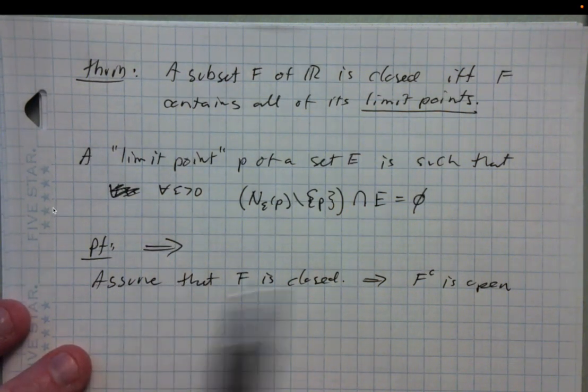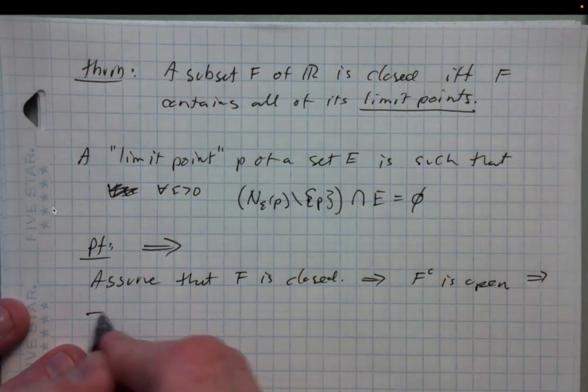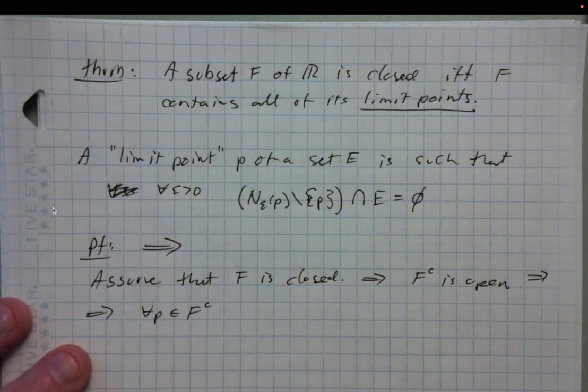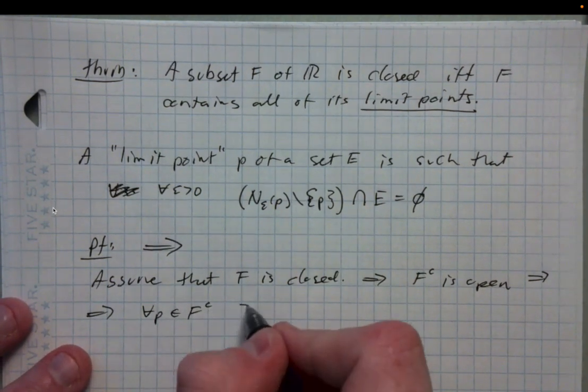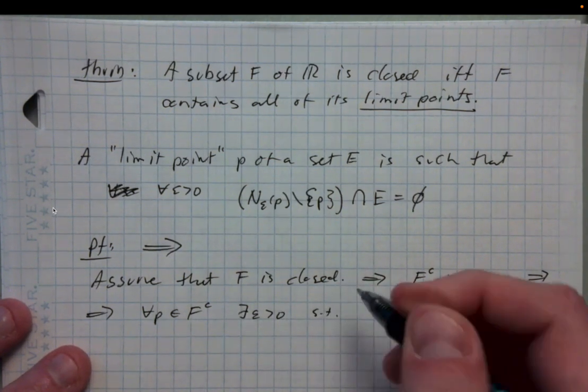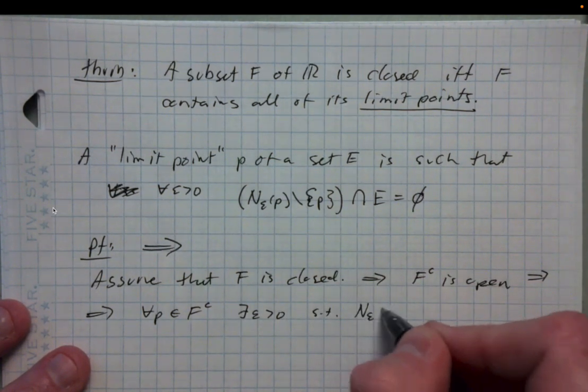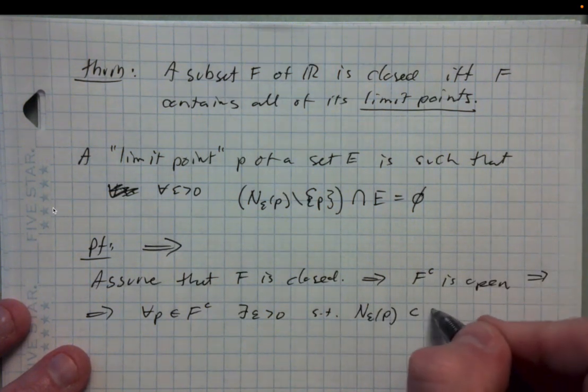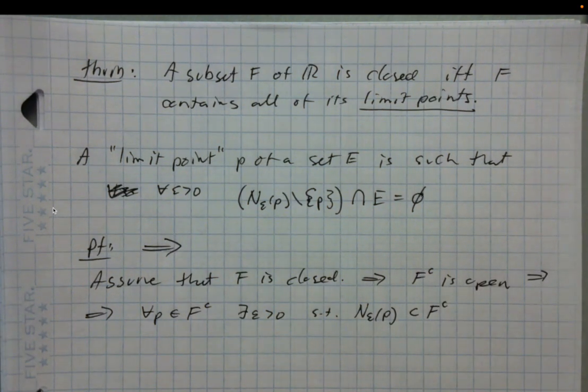Well, for all P in F complement, there exists an epsilon greater than 0 such that the epsilon neighborhood of P is in F complement. So P would be an interior point. If F complement is open, then every element in F complement must be an interior point.